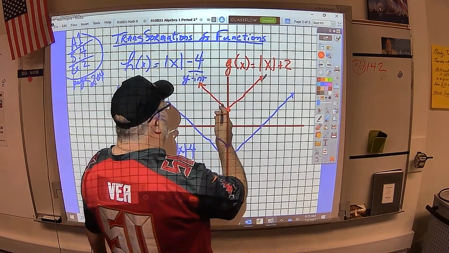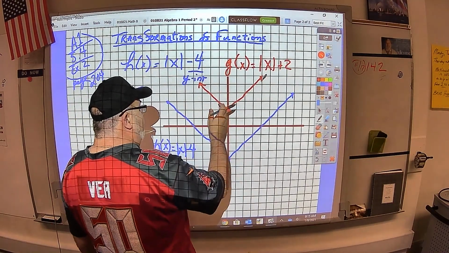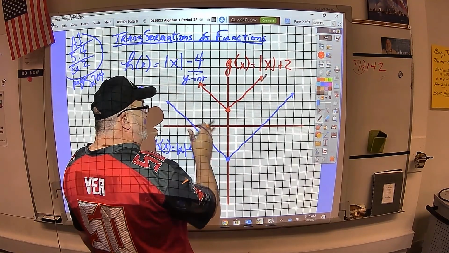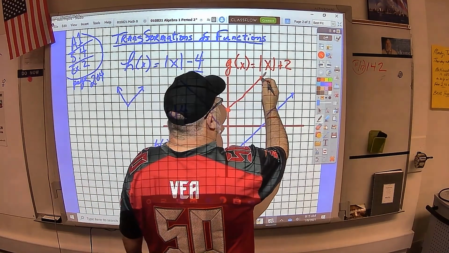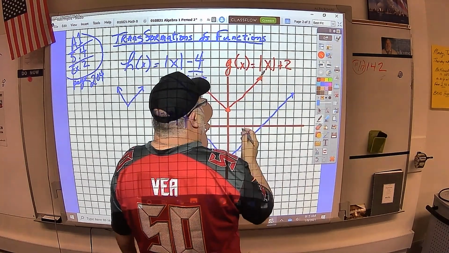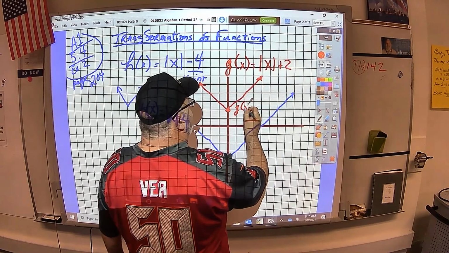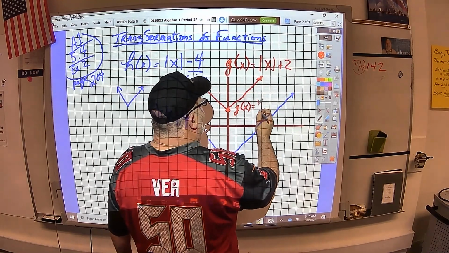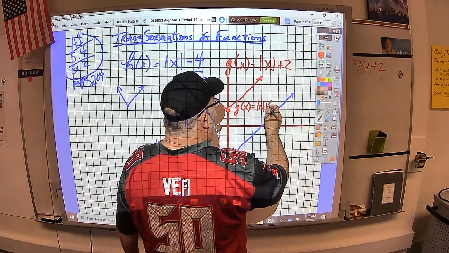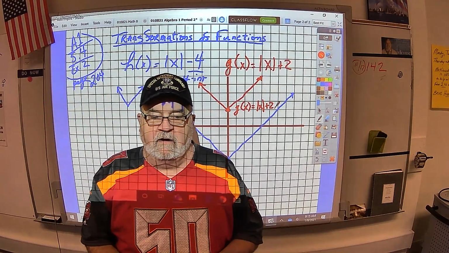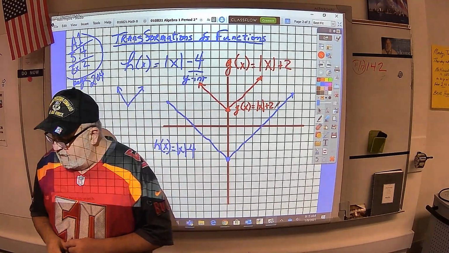In this case, we moved it up from here to here. This one is more positive than this one, but it is the same shape since these get to go on forever. So here is g sub x equals the absolute value of x plus 2. Don't forget, you have to label these things. So that takes care of example 2.